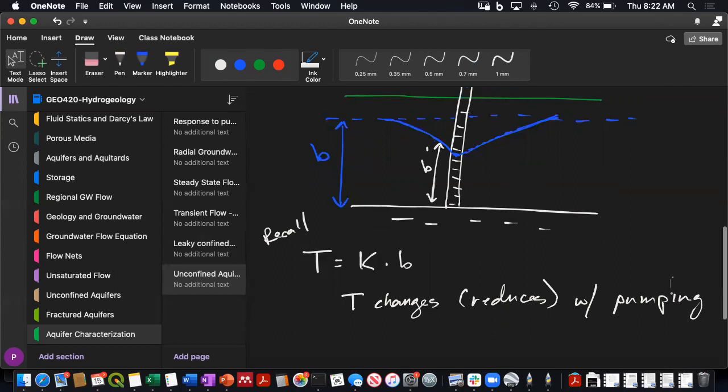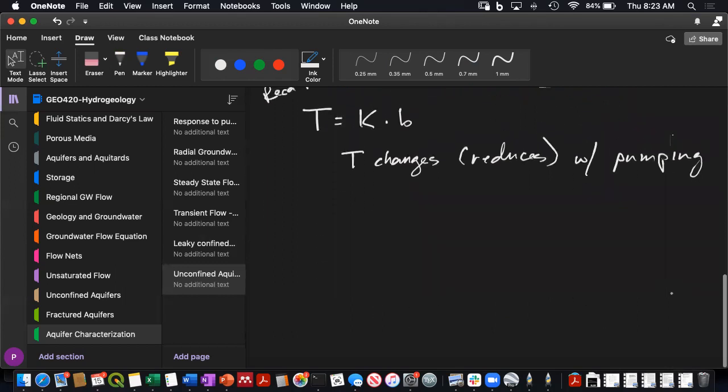These processes result in what we call the characteristic S-shaped curve for an unconfined aquifer.